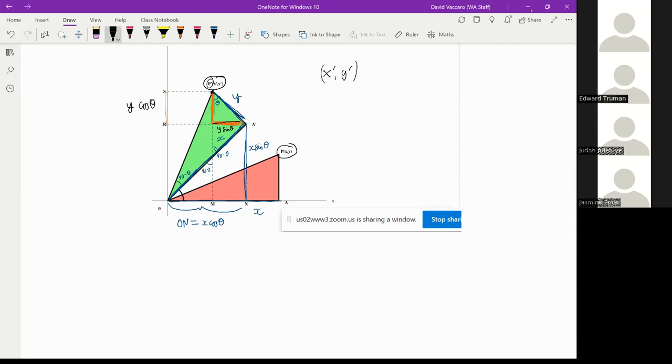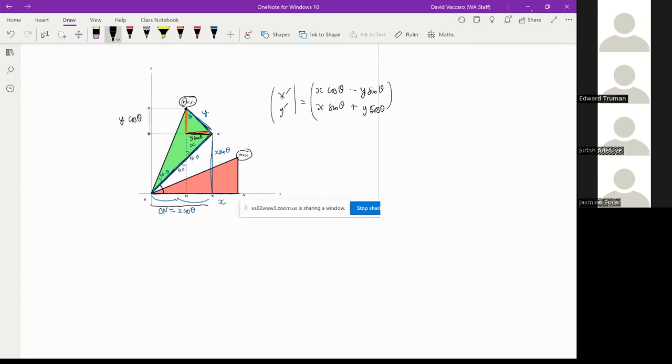So x dash y dash, I'll write it as a column vector. The x coordinate is ON, which is x cos theta. And then we subtract MN, which is y sine theta. And then in contrast, y dash is x sine theta plus RS, which is plus y cos theta.